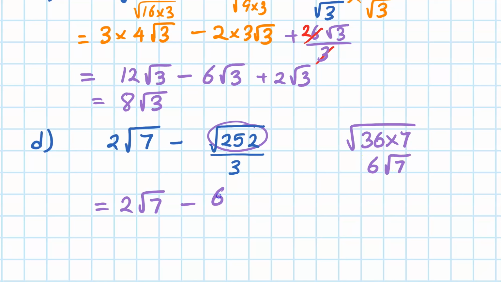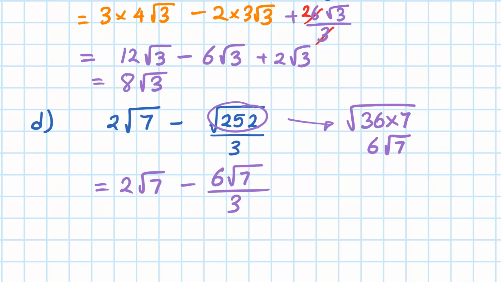Hence, this becomes 6 root 7 on 3. So that's our working for square root of 252. What is this? Ooh, 1 over 3 there, 2 of them. Well, I got 2 root 7 minus 2 root 7. What is the answer? Well, answer is 0.